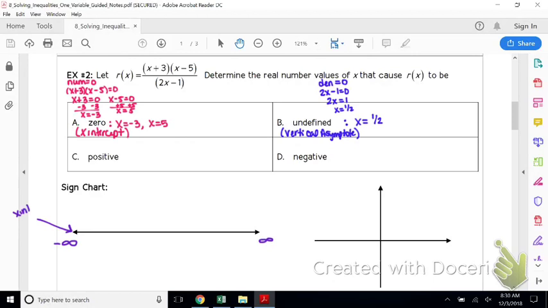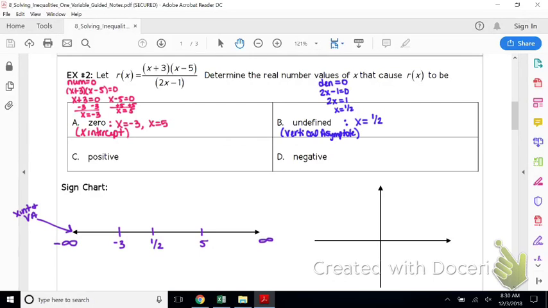Your x-intercepts and vertical asymptotes, which is what we found in A and B. So we're going to put all 3 of those numbers on there in order. And then we're going to pick some x values in between them.